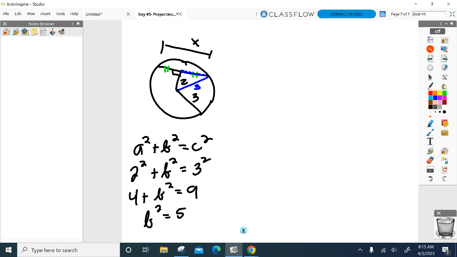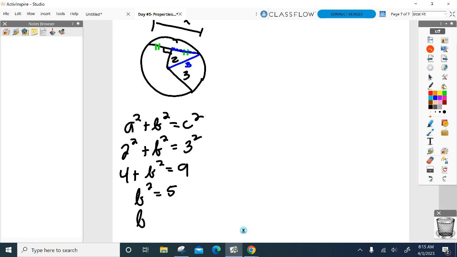B squared equals 5. So you end up with the square root of 5. You can go to your calculator and find it, but don't round it, because that's not my final answer. x will be 2 times whatever that is. So 2 times radical 5. Then I want to round. Don't round it until the end, though.